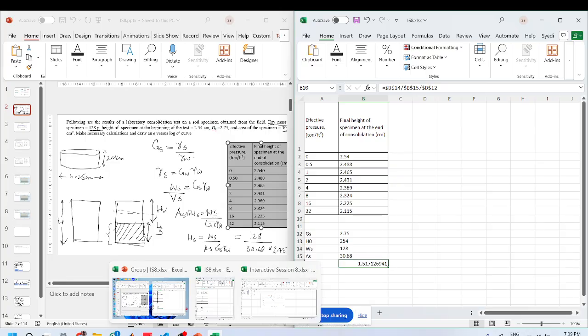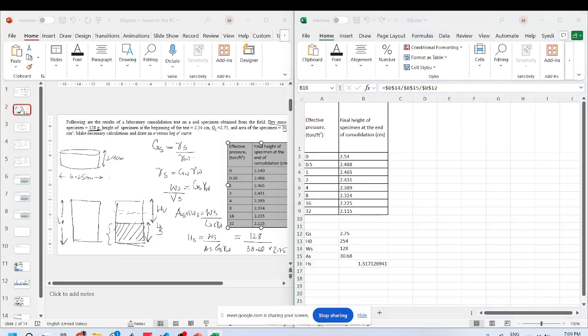So what will be the height of voids? It will be just subtraction. We just subtract this.